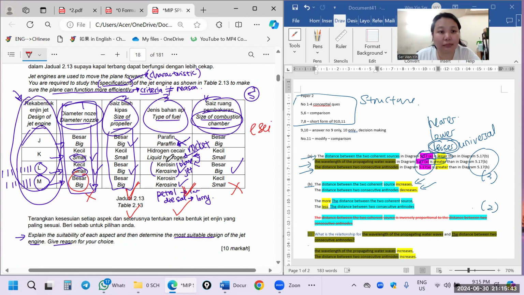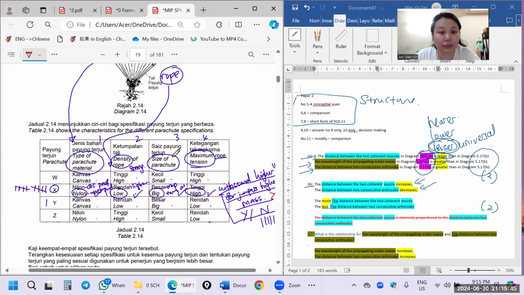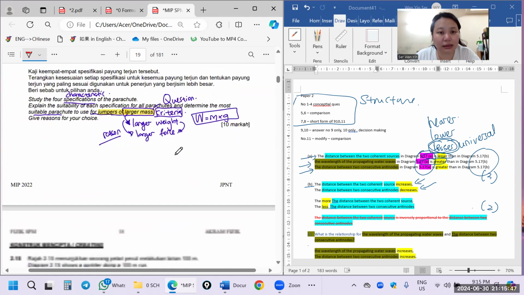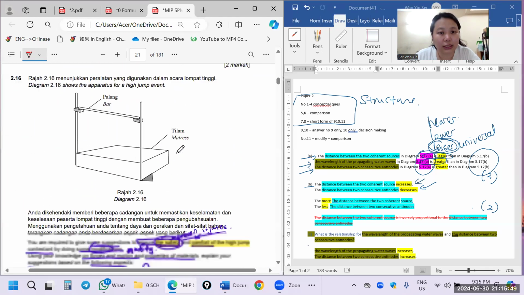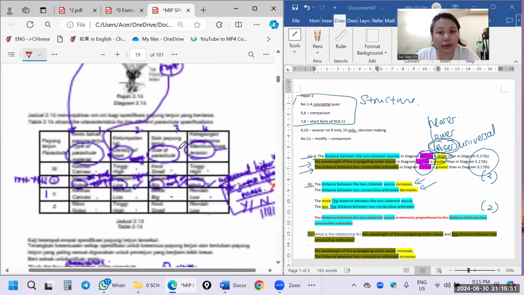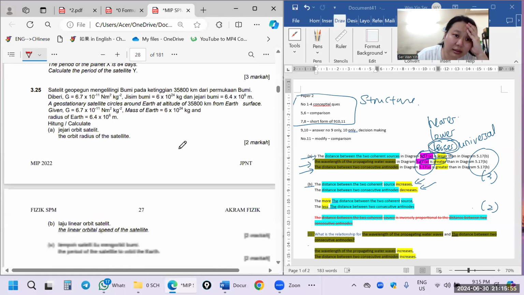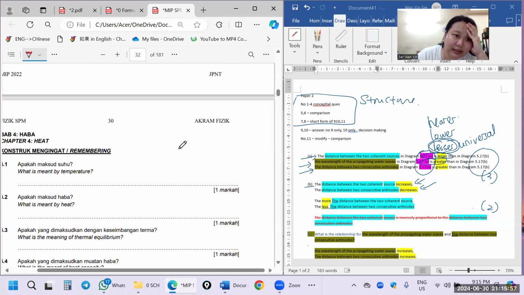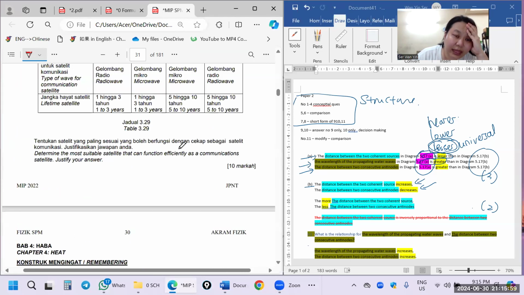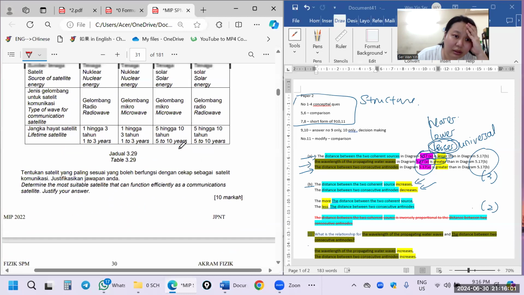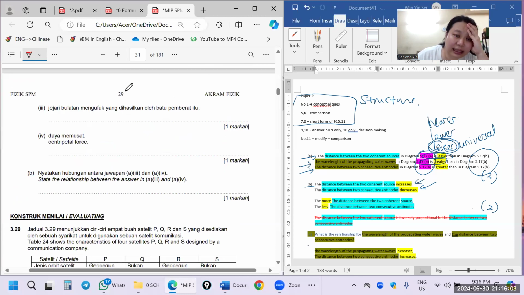One more thing. I forgot to tell last time. For example, look at page 29.